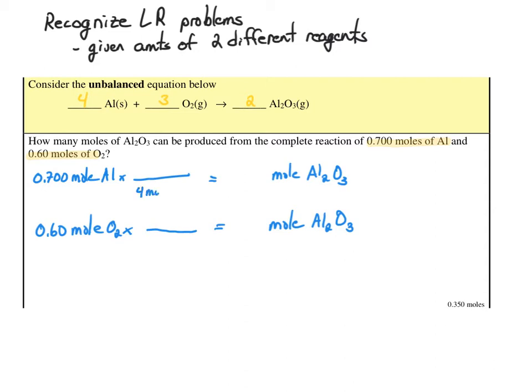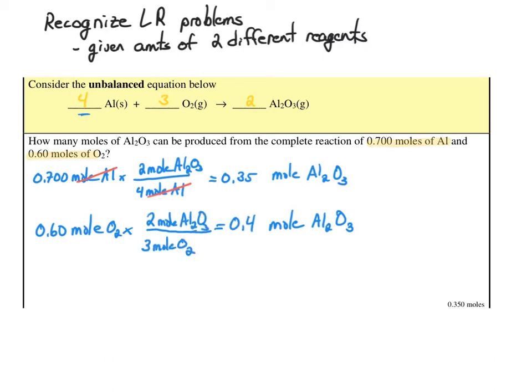So we write aluminum with its coefficient from the balanced chemical equation in the denominator, and the numerator is our product with its coefficient from the balanced chemical equation. And that way, we cancel out moles of aluminum, and we do the same for the second reagent.